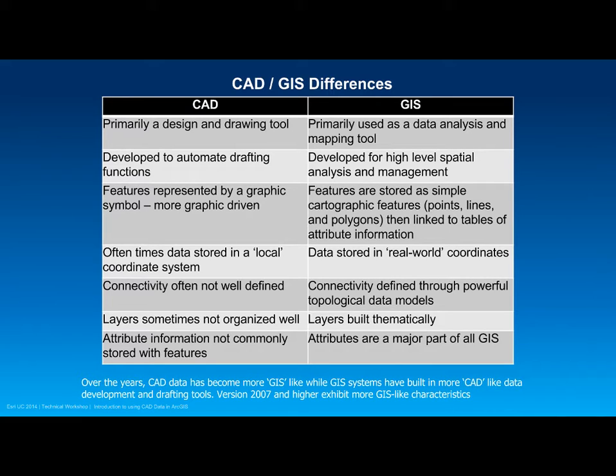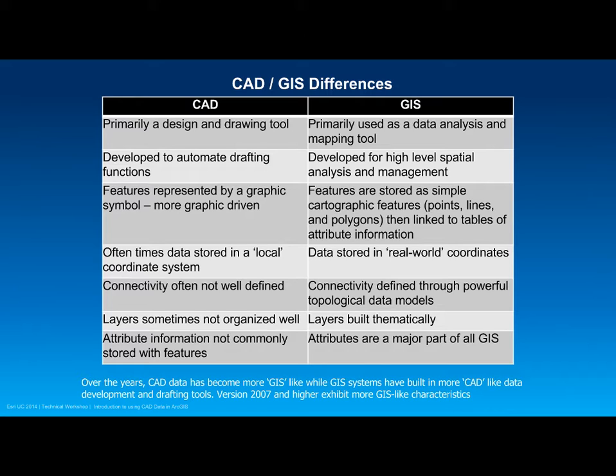So CAD data is primarily a design and drawing tool. This is different from how GIS is used primarily. GIS, where we do design and create data through editing, is primarily used for data analysis and a mapping tool.